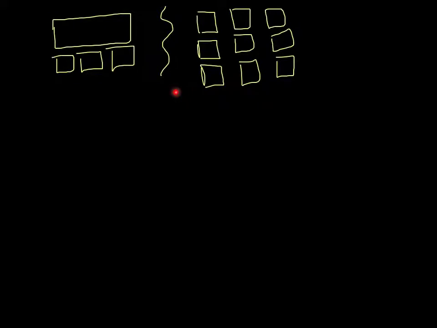So I know that I have two sides to my equation with an equal sign. The first thing we need to do is look at the left-hand side and figure out what expression this model represents. I'm going to start by looking at my variable tile first. I see that I have one long rectangular tile, which means I have one variable tile, which I'll use as x. And then I see that I have 3 unit tiles on this side, and I know that those all represent positive 1.